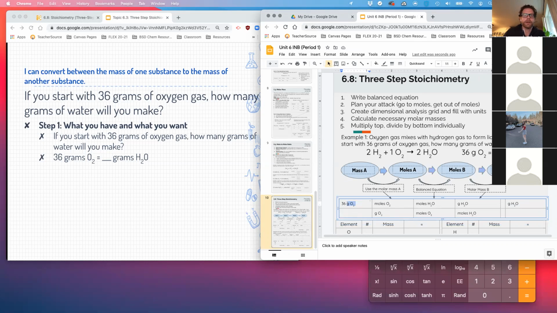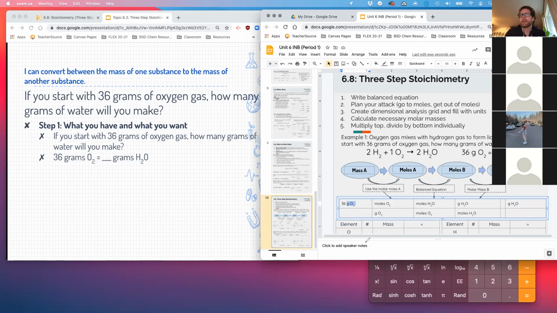For instance, grams of O2 goes to grams of O2, then moles of O2, moles of H2O. Whatever's in the previous column up above always goes to the next one.